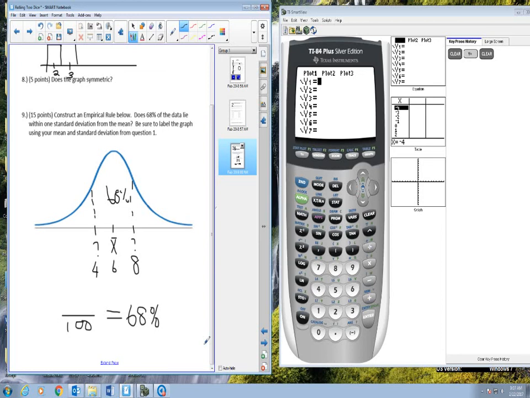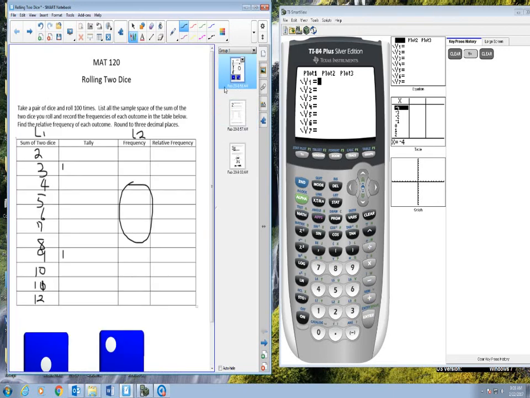It can be higher than 68%, that's fine, but I want you to understand that 68% of your data, meaning you roll 100 times, occurs between one standard deviation below and above your sample mean.